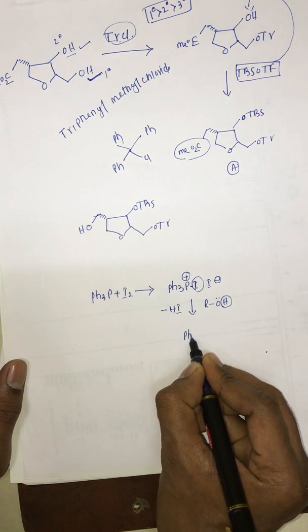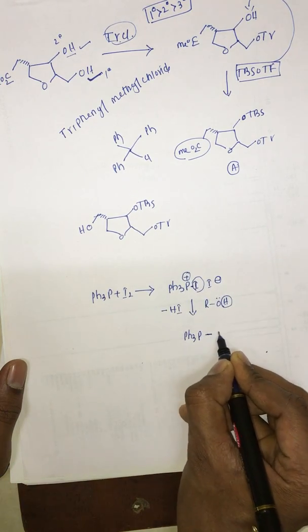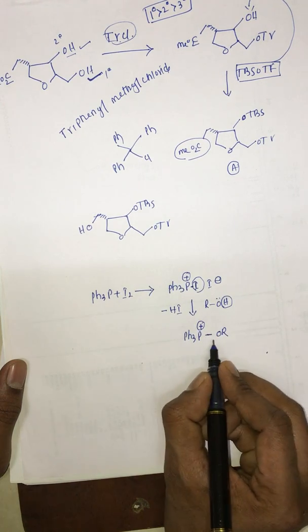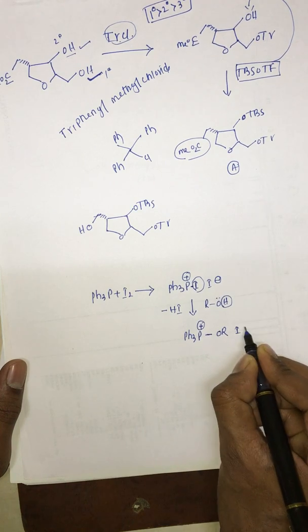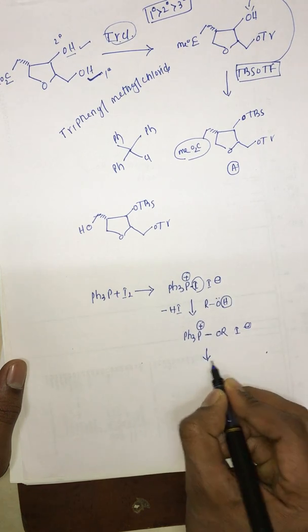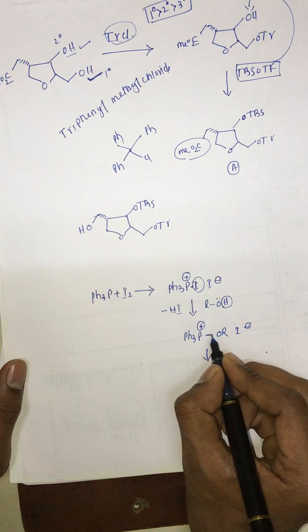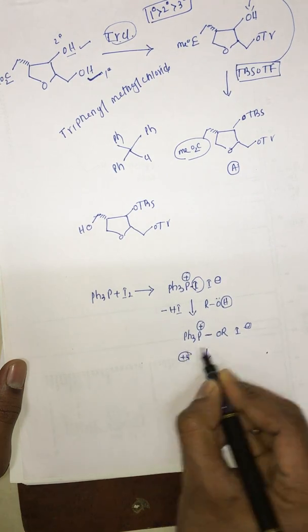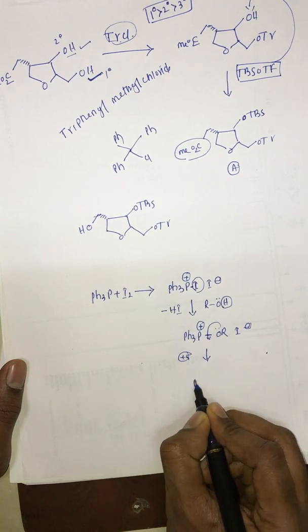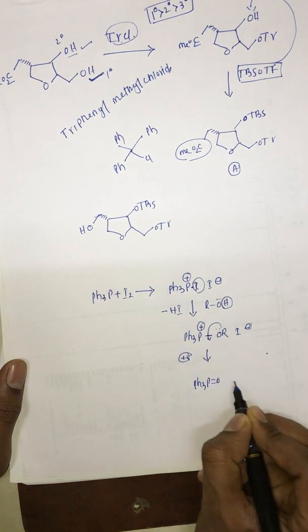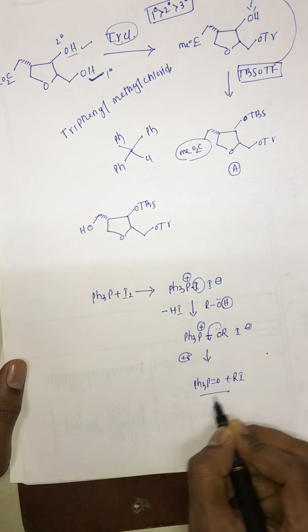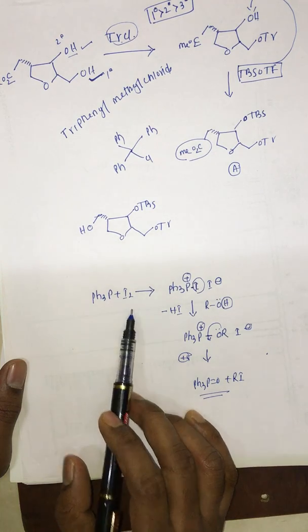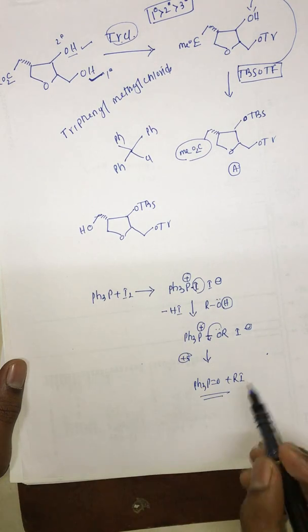Now we have Ph3P+OR. This is plus because the phosphorus oxidation state is here 4, and I minus. And now to get stabilized, the oxidation state goes to plus 5. So this gets converted into Ph3PO plus alkyl iodide.